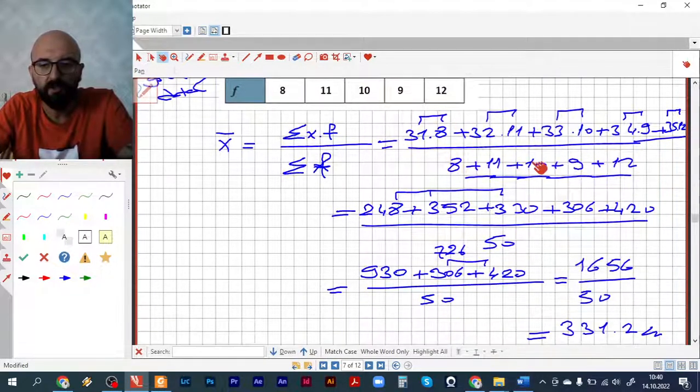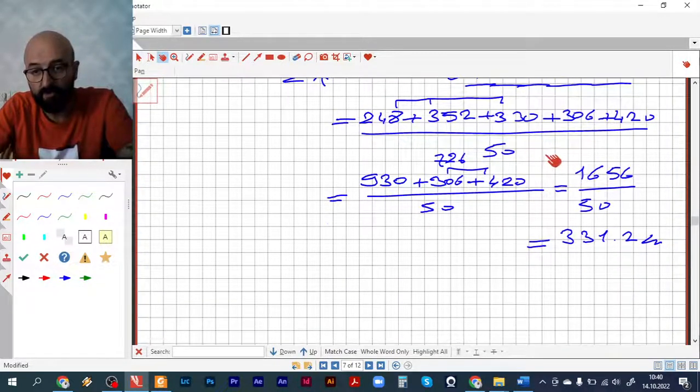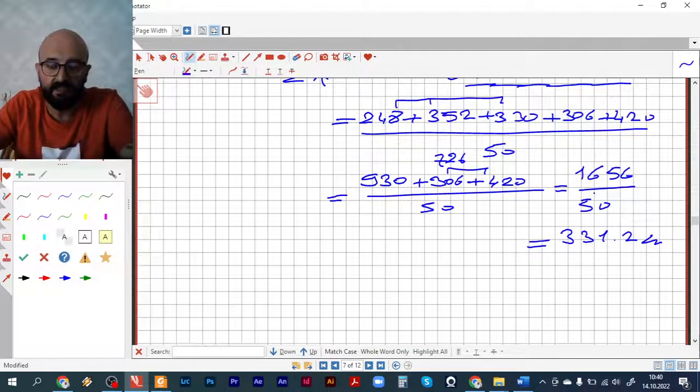We have 50 values, but excuse me, if I find 1656 over 5, the result is this. But if I divide it by 50, our result is 33.12.